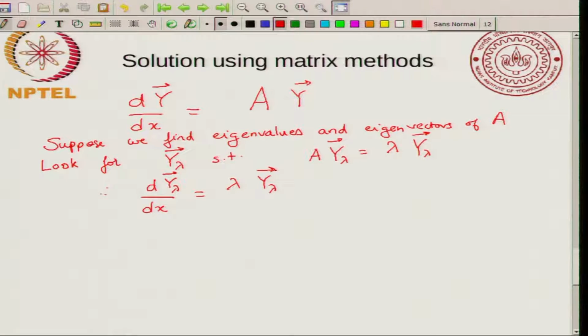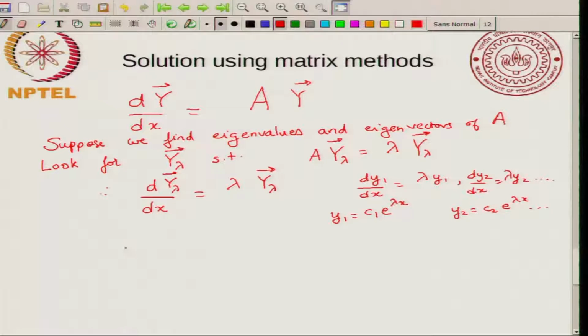So, that means I can say that dy1 by dx equal to lambda y1, dy2 by dx equal to lambda y2, and so on. Okay. And the solution of this I can write as y1 is equal to, I will just call it c1 e to the lambda x, y2 equal to c2 e to the lambda x, and so on.